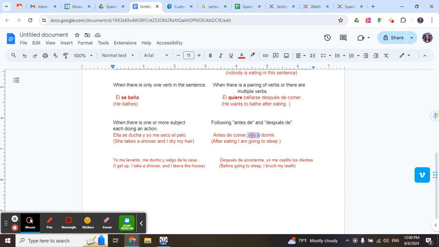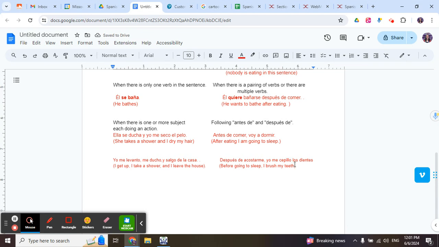"Voy a," I am going, "dormir," which means to sleep. "Después de acostarme," we see "después de," so we know we're for sure following that with an infinitive. In this case, I changed the reflexive pronoun because I'm the one who will be going to sleep. But before going to sleep, "yo me cepillo los dientes." I brush my teeth. And so this is the thing I'm doing in the sentence.